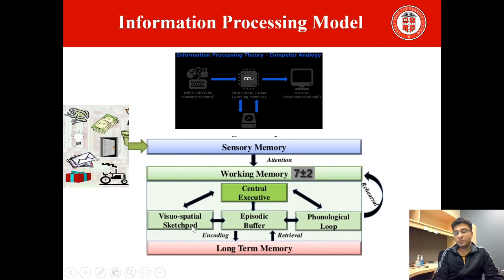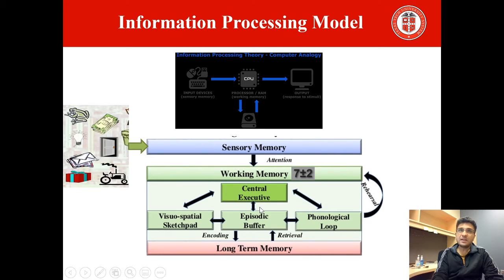Depending upon the visual cues, it will go and be stored in the visuospatial sketchpad, or if it's words or numbers, it will go to the phonological loop. Please remember that we have a lot of stimuli which can have both. In that case, the episodic buffer will come into play and it helps to store the information via the central executive.